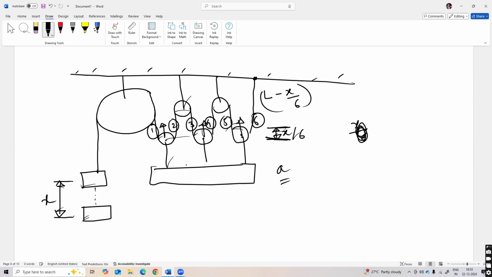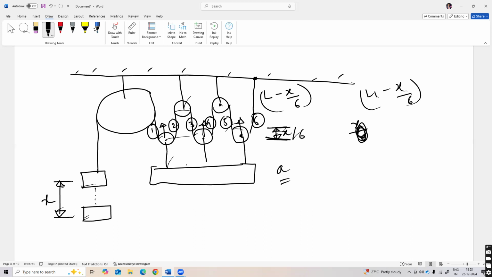Similarly, if the initial distance between these two pulleys was L1, after the pulley moves x by 6, the final distance will become L1 minus x by 6.